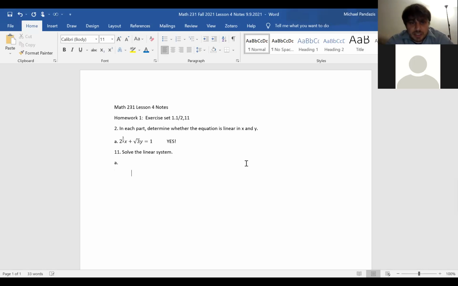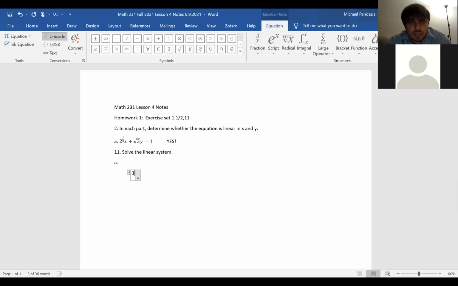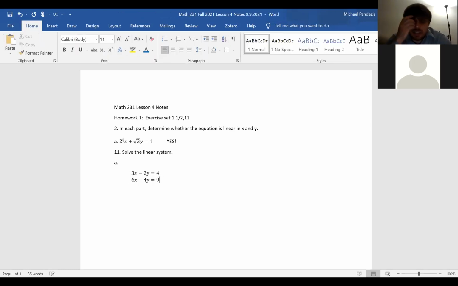For part A, you have the linear system 3x minus 2y is equal to 4, and 6x minus 4y is equal to 9. Let's solve it. Add -2 times the first equation to the second.